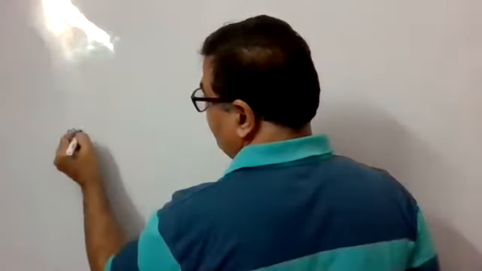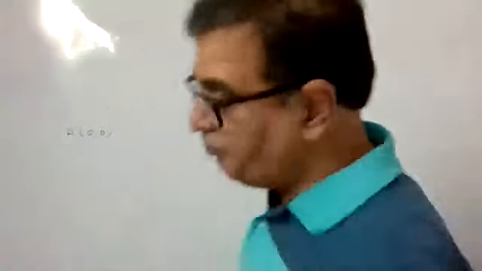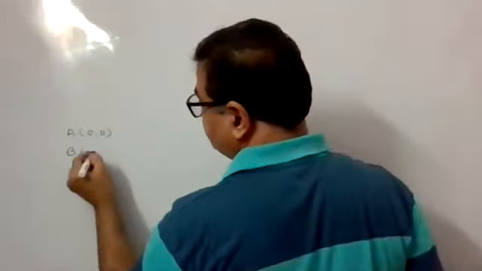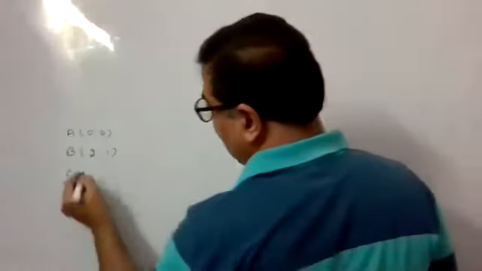Find the coordinate of the vertices of a square inscribed in a triangle with vertices A 0, 0, B 2, 1, and C is 3, 0.